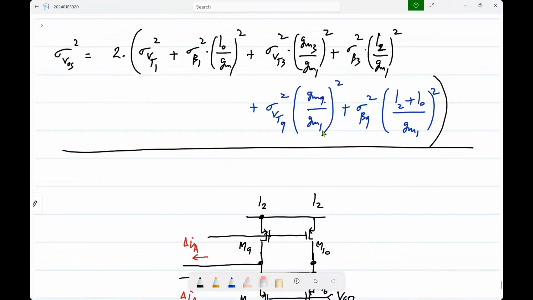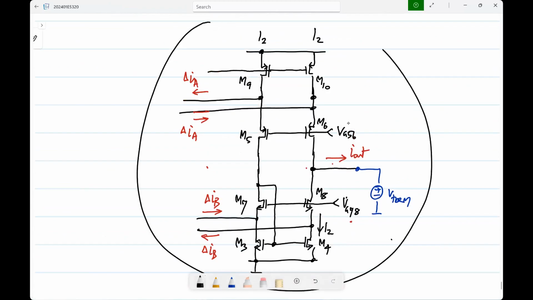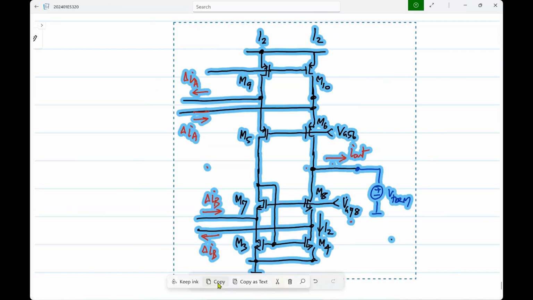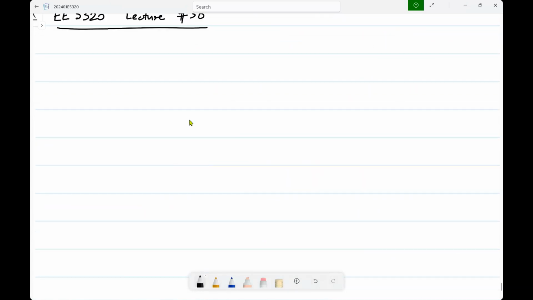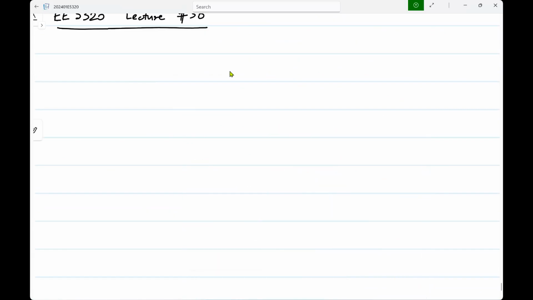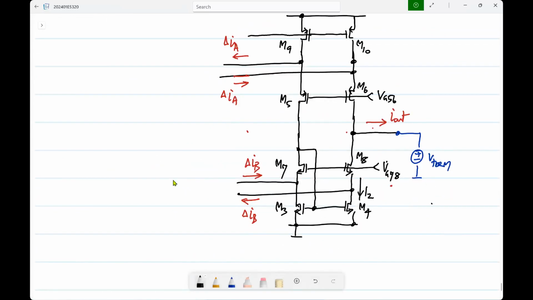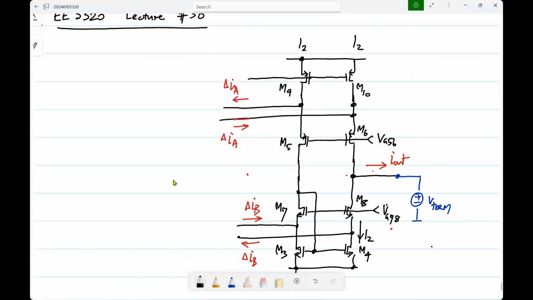Now I just took the output branch here, right? And then I ask you to calculate what the output current would be in this case. So what will be the output current?